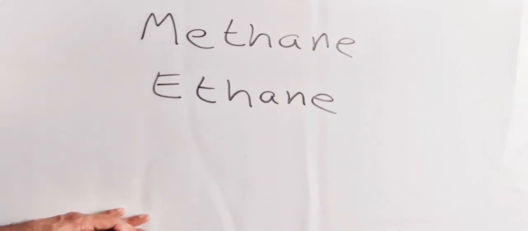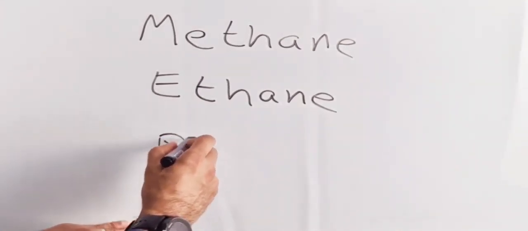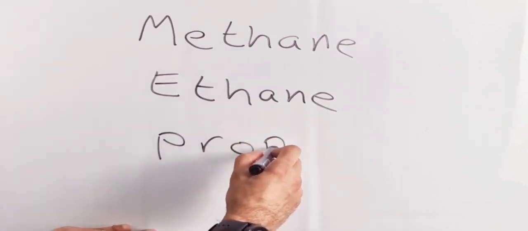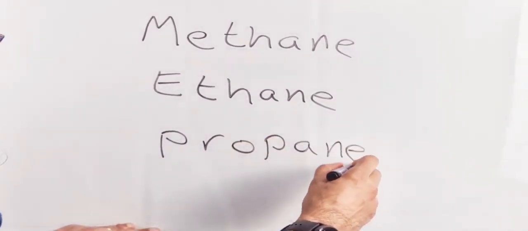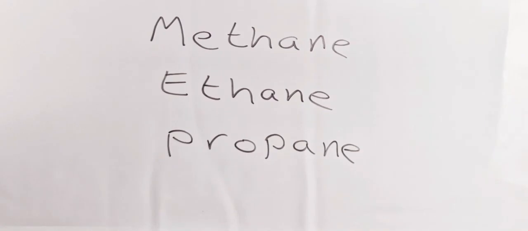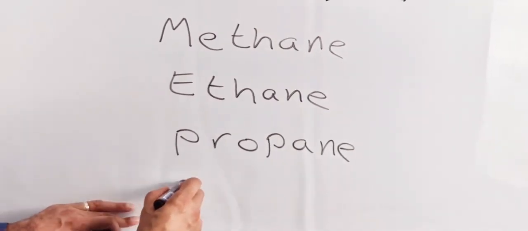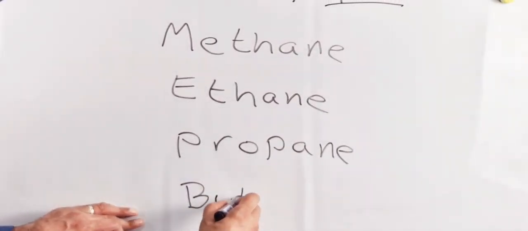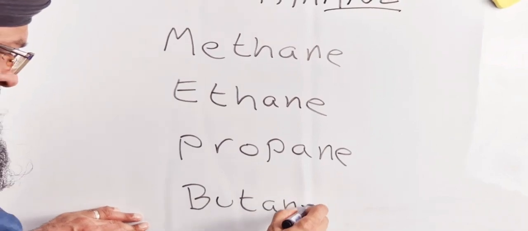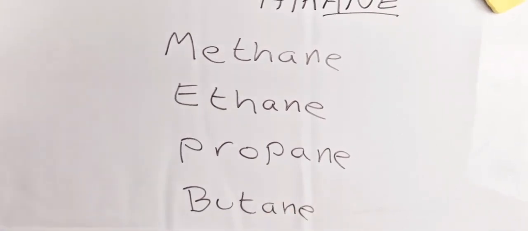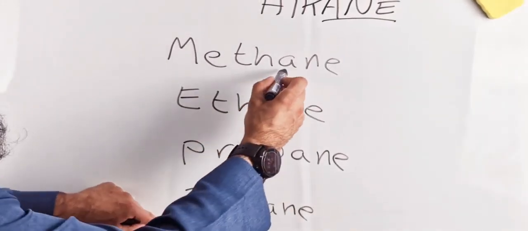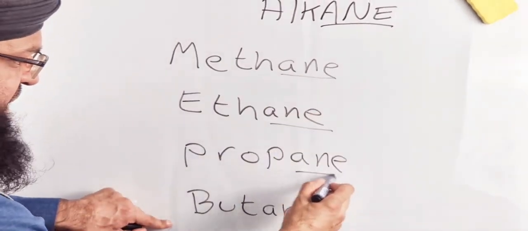The third alkane you are going to learn is called propane. The fourth one which you're going to learn today is called butane. Okay, the first thing, pay attention to the last three letters.